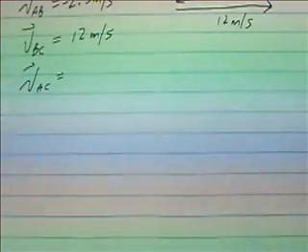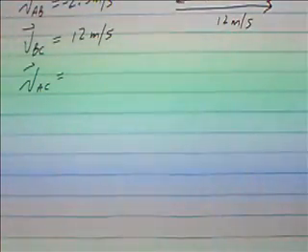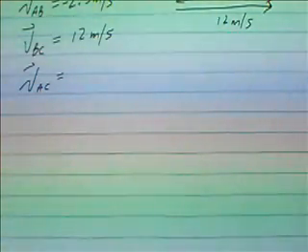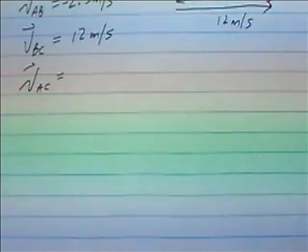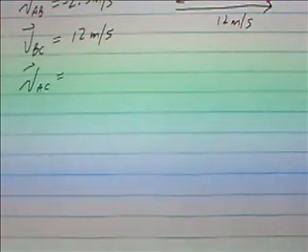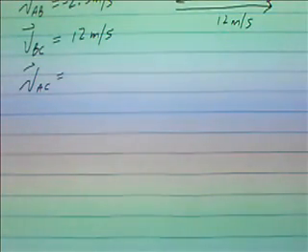Then the vector sum is from the tail of the first vector to the tip of the last vector, which of course is the scalar difference. It's 12 minus 2.3, which is simply 9.7 meters per second, the speed of the man relative to the ground.